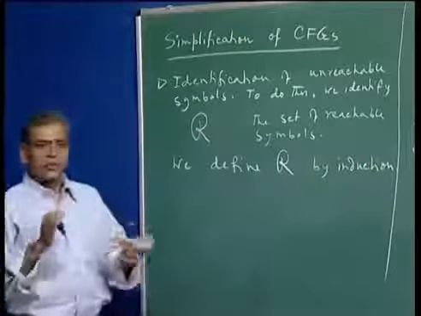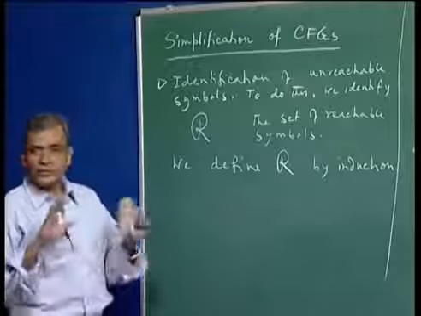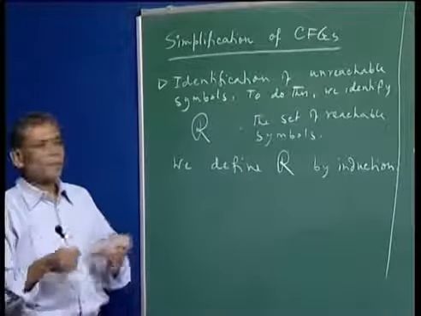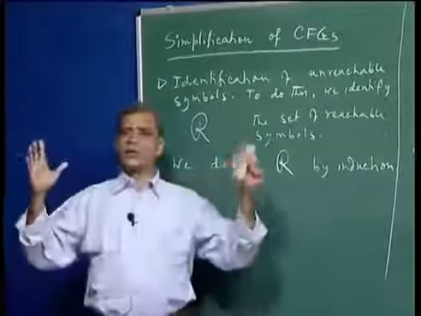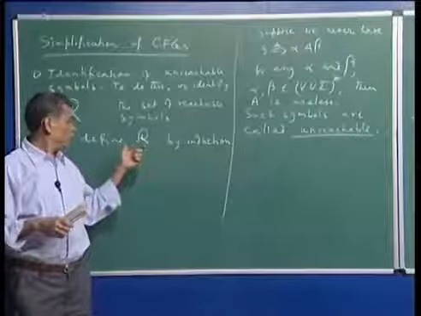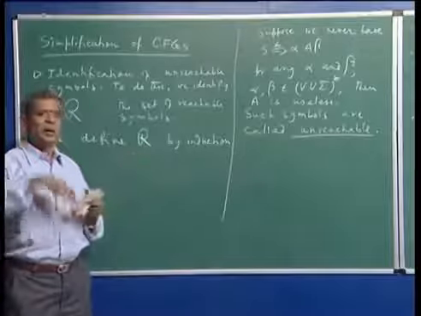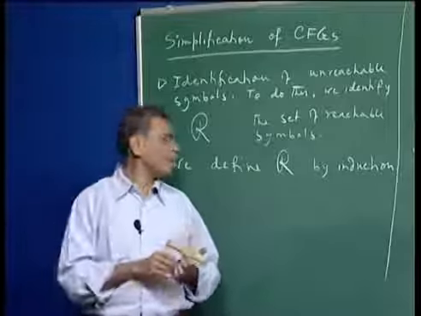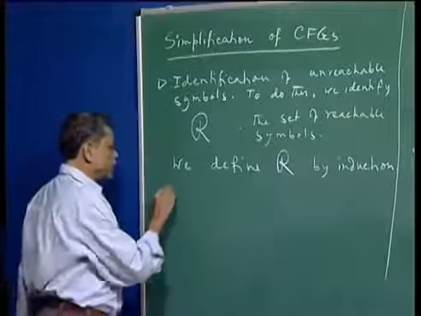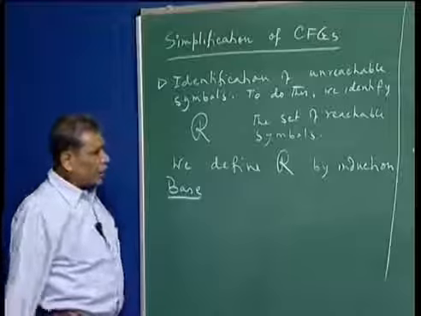Whenever we define a set or any object through induction, we first have a base case and then we say that suppose we have already built up to some point this set R, then how to extend, right. So, what is the base? Now, that is pretty easy, isn't it?